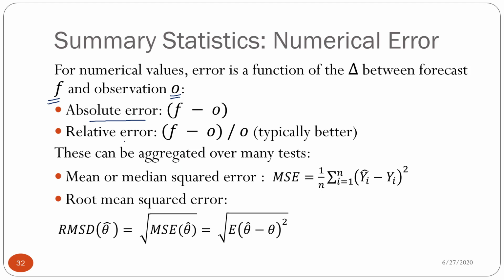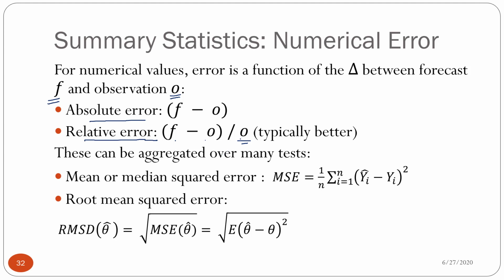To make it more useful, what you might like to do is something like relative error, which means whatever has been forecasted minus the actual observed value, divided by the observed value.